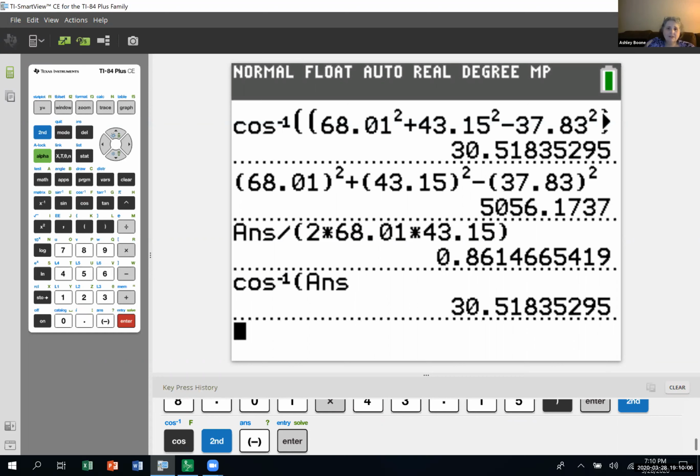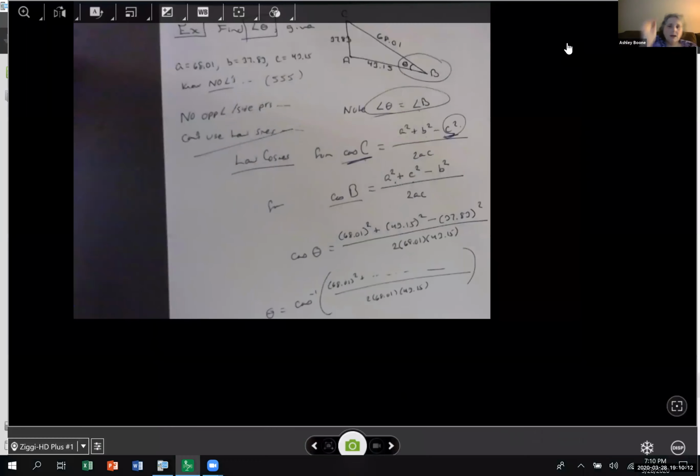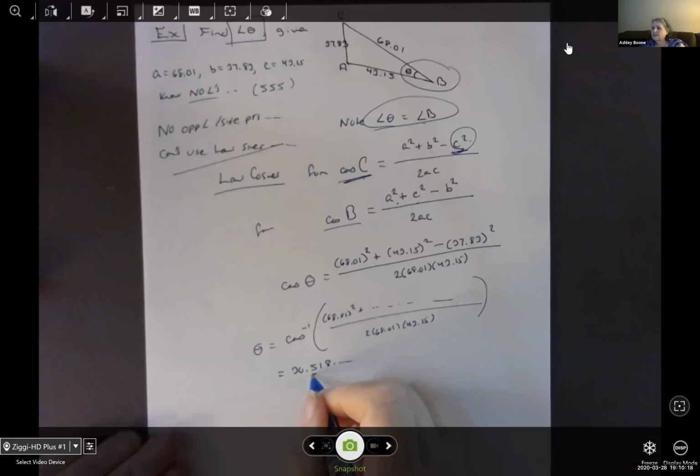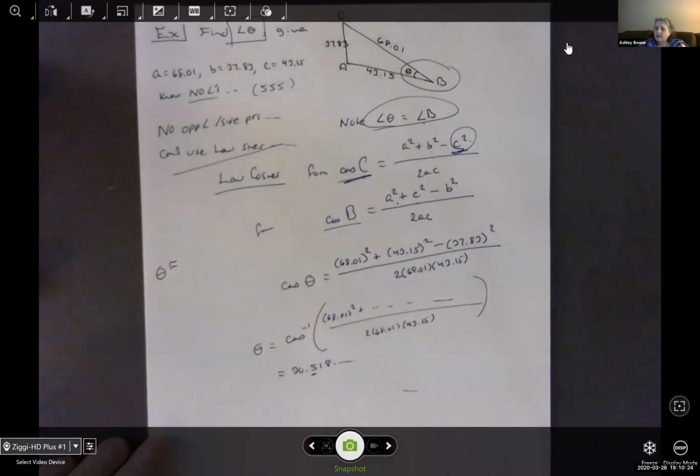Everybody's a little different in how they deal with those. So just think about how you are most comfortable typing things into your calculator. But you get the 30.518. So I'll go ahead and go to the nearest tenth. That angle, theta, is approximately 30.5 degrees.